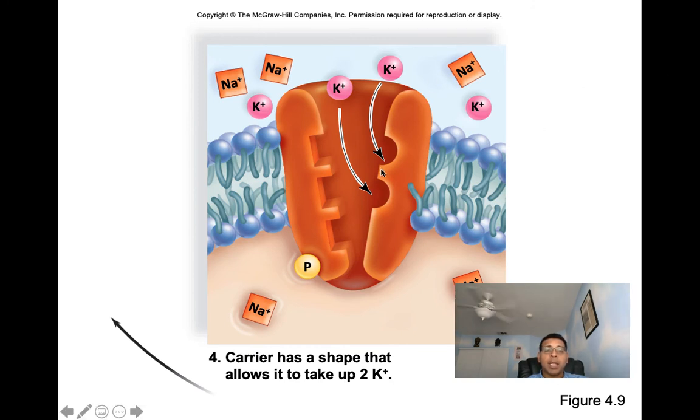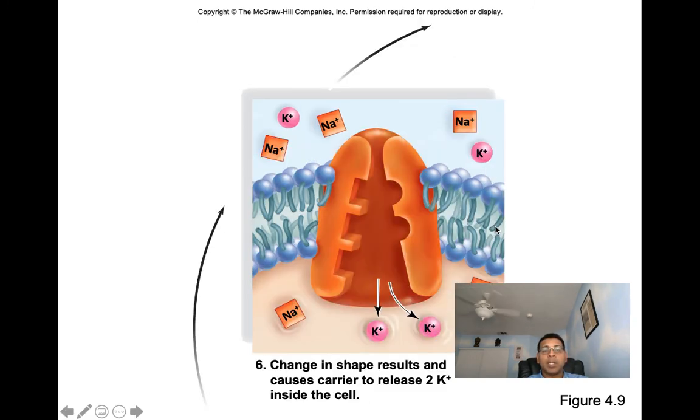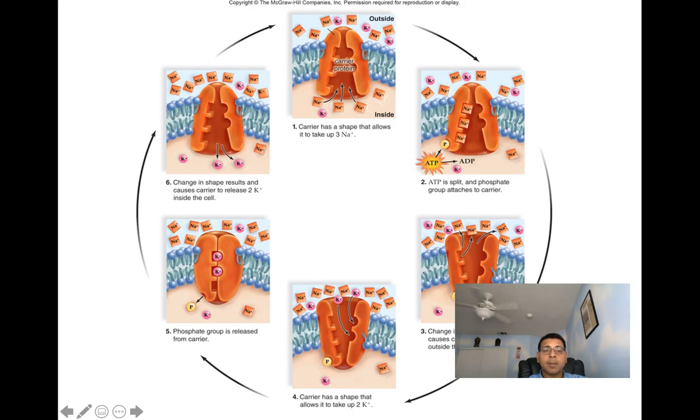So potassium takes its seat, and then it's closed. You can see the energy got used, and then the pump is going to reset, allowing potassium to make its way in. Very important pump we're going to see again in relation to nerve cells and muscle cells.